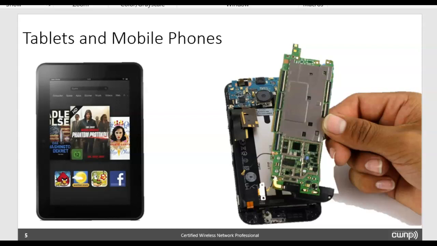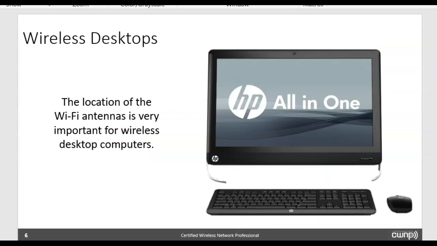Now, wireless desktops. Of course, I don't think I've ever had a wireless desktop. My desktop at school has no wireless on it at all. And it's actually a good recommendation that if you have a wired network, it's better to use the wired network versus the wireless.